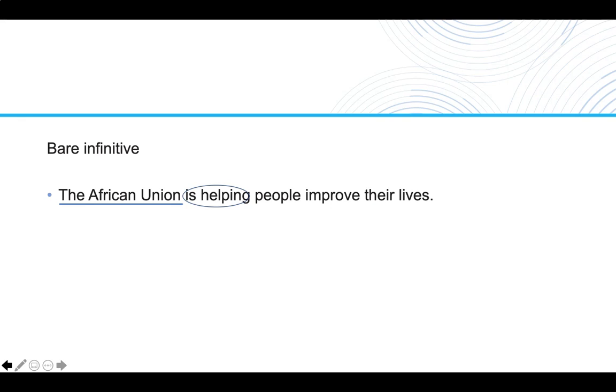What comes right after is the object people. But notice that the word improve does not have to in front of it. Therefore, you do not have to say the African Union is helping people to improve their lives. You can instead say the African Union is helping people improve their lives.